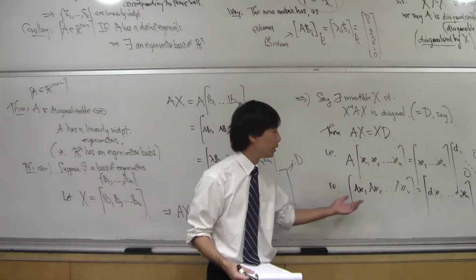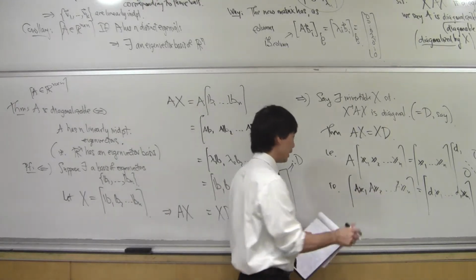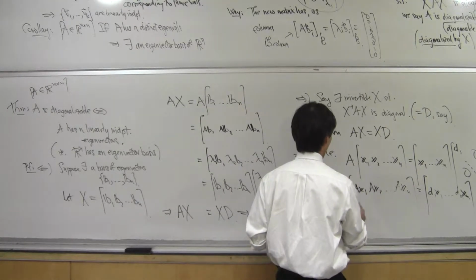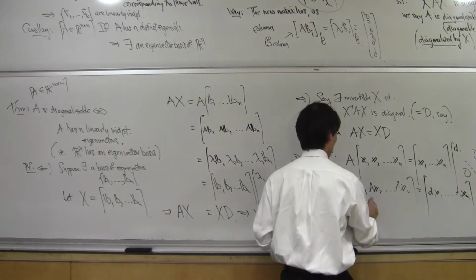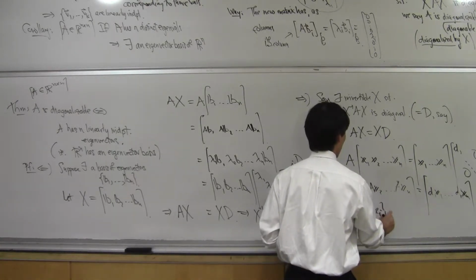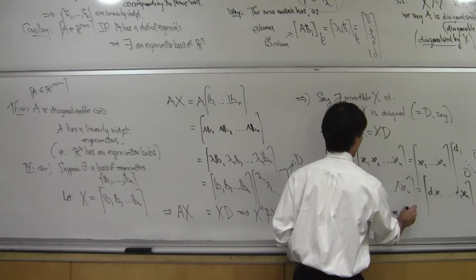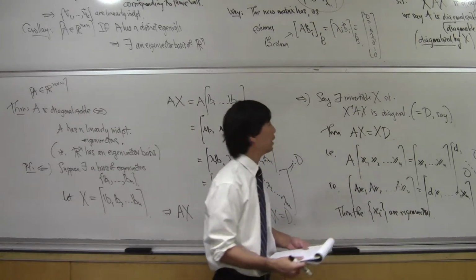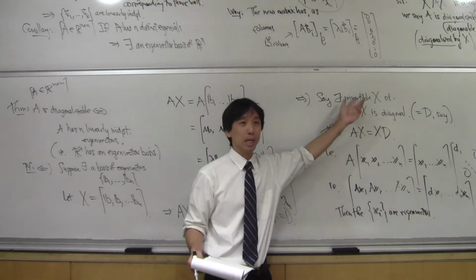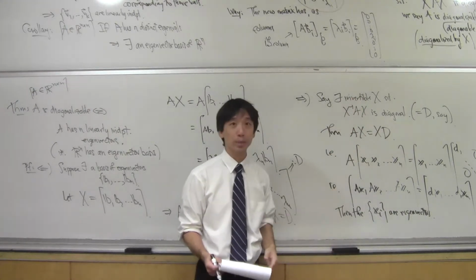Then the xi are eigenvectors. And they were a basis because X is invertible, so they're an eigenvector basis.